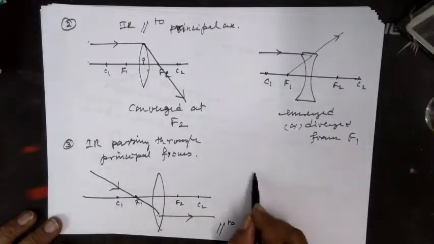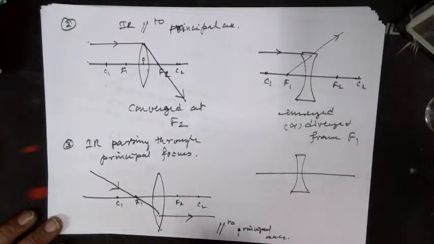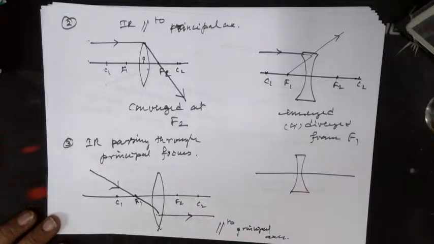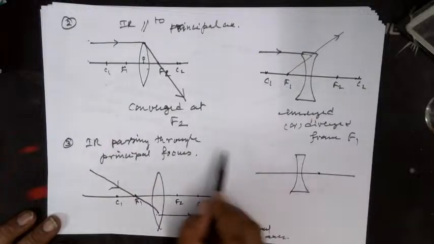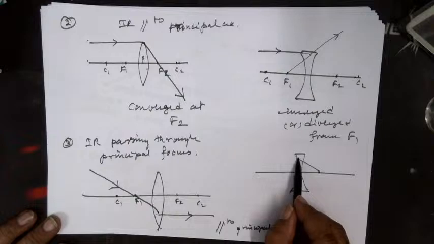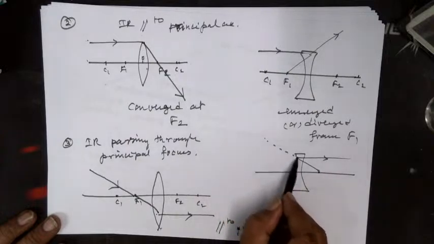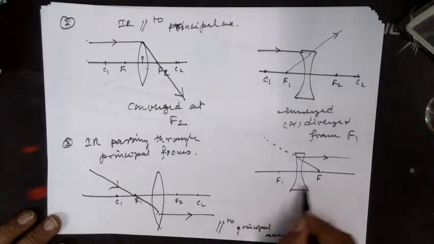Similarly, in the case of a divergence lens, it gets diverted like this from here. Okay, this is F2, F1, F2 and C1, C2.